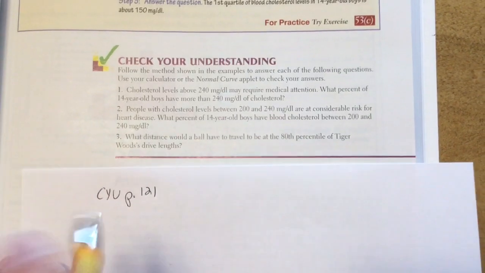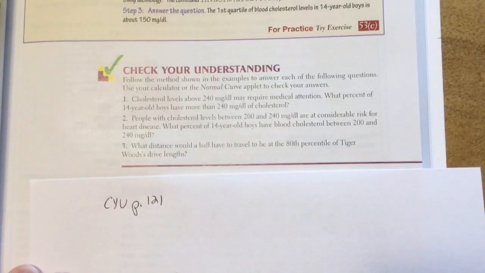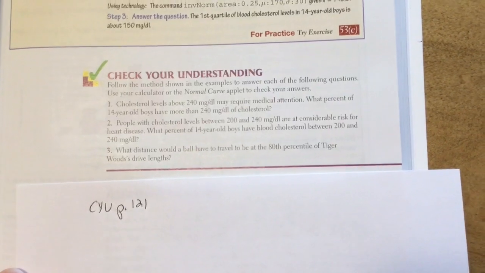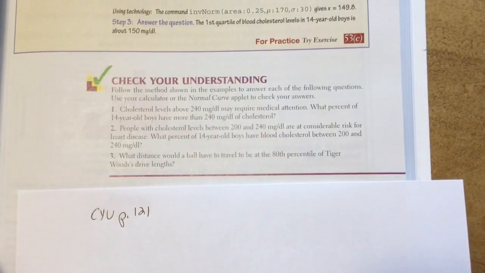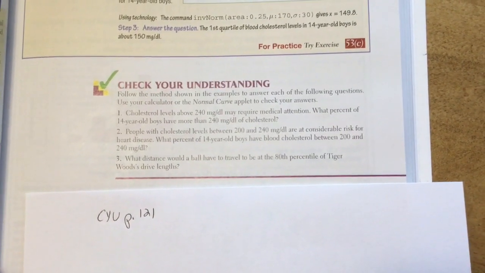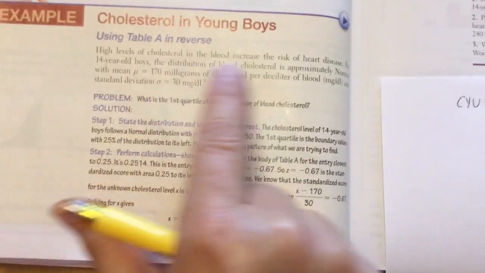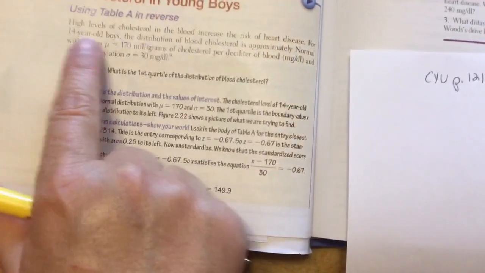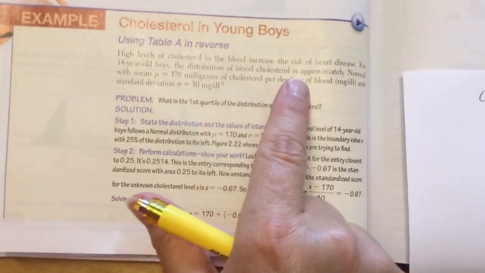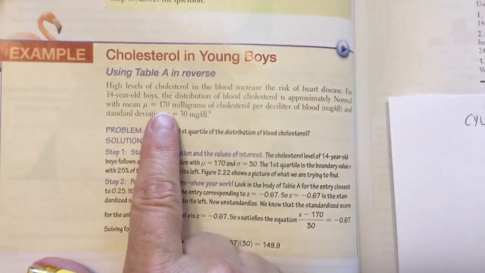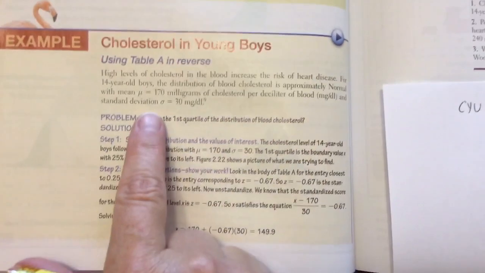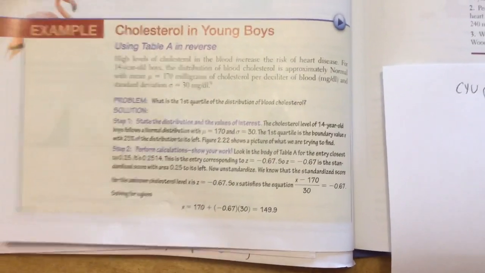Cholesterol levels above 240 milligrams per deciliter may require medical attention. What percent of 14-year-old boys have more than 240 milligrams per deciliter of cholesterol? If we look over here, we were told that for 14-year-old boys, the distribution of blood cholesterol is approximately normal with a mean of 170 milligrams and a standard deviation of 30 milligrams per deciliter of blood.